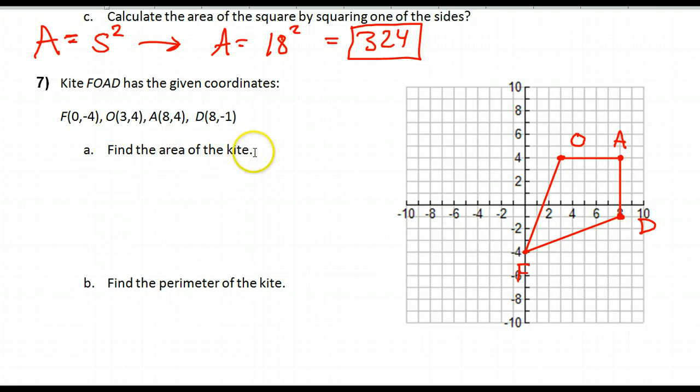Now we're supposed to find the area of this kite. Well, guess what? The formula for the area of a kite and the area of a rhombus are the same thing. Okay, so the area of a kite will be 1/2 diagonal times diagonal.